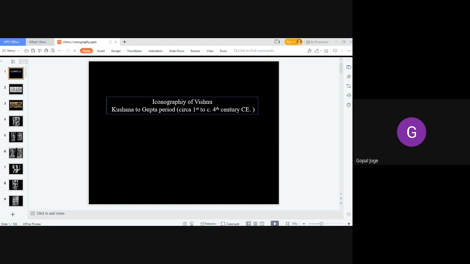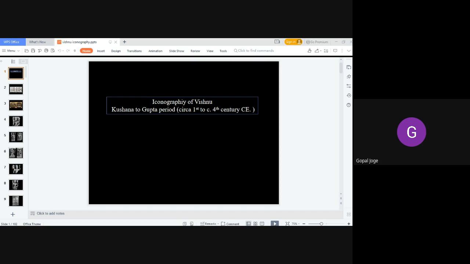Now, this transformation or changes that we can trace through the Vedic literature and the later Vedic literature and most important Mahabharata, can be testified based on other material evidence. Okay, and the most important evidence is the inscriptions.